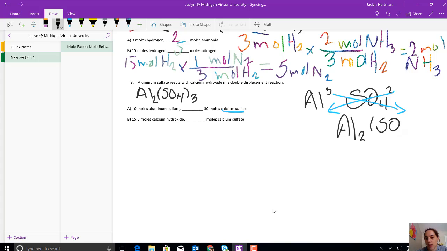I will always get my formula as long as this is the lowest whole number ratio. So if this were like 4 and 2, I'd have to reduce it down to 2 to 1, because ionic compounds are also empirical formulas, lowest whole number ratio. But this little crisscross trick, it'll always work. Okay? So let's erase all of this here.